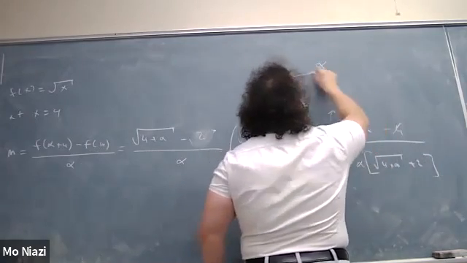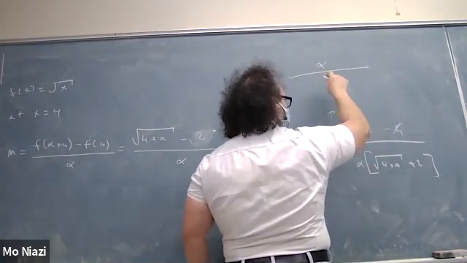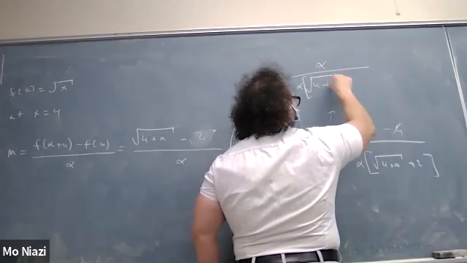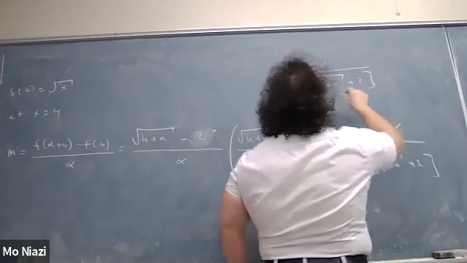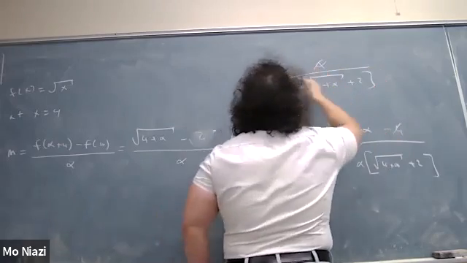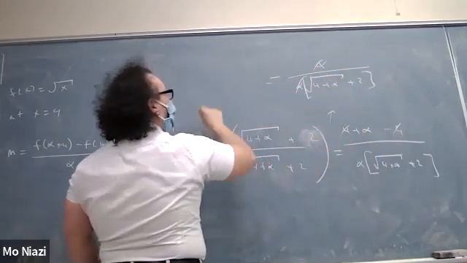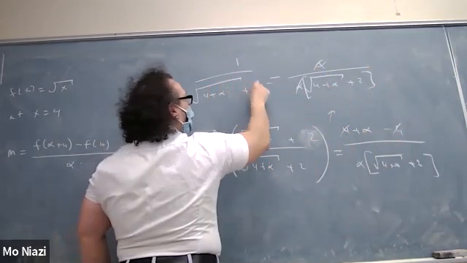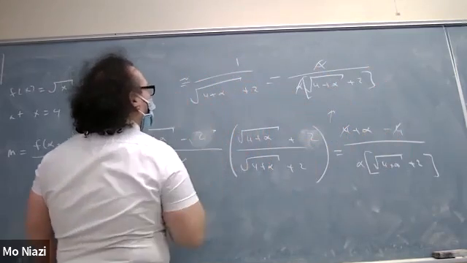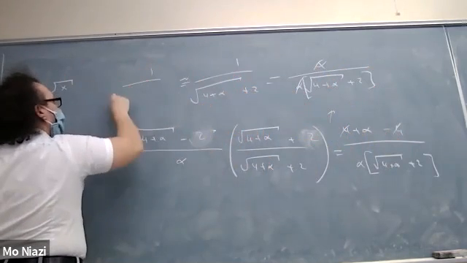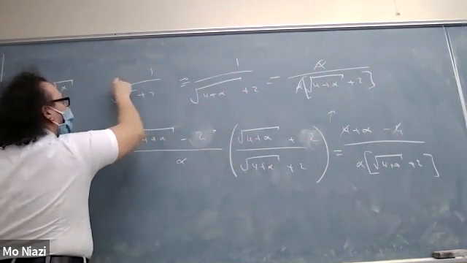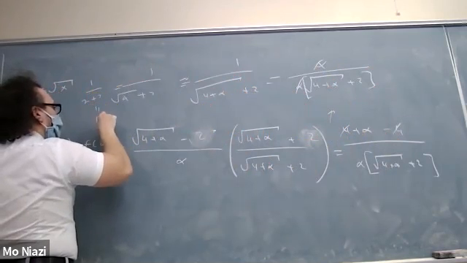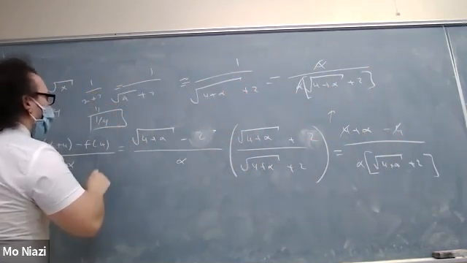This becomes alpha in the numerator times alpha times the quantity square root of 4 plus alpha plus 2. Cancel out the alphas. So then this is just 1 over the square root of 4 plus alpha plus 2. Which approximates, now we can do it, to 1 over square root of 4 plus 2, which is equal to 1 over 2 plus 2, which is equal to 1 over 4. So that's our slope m.